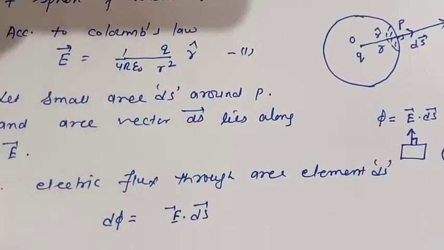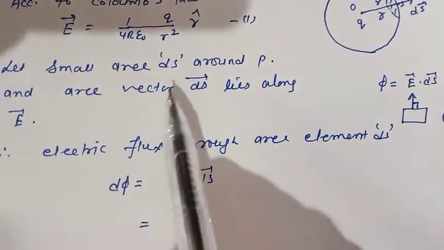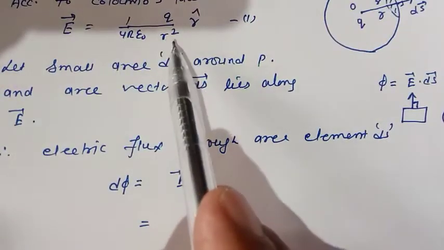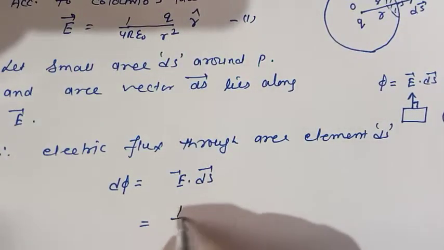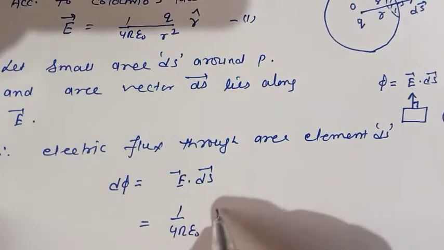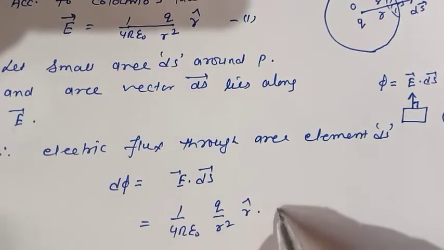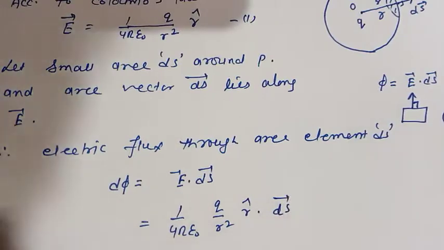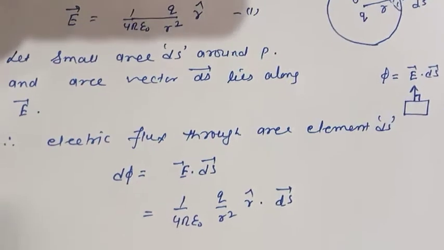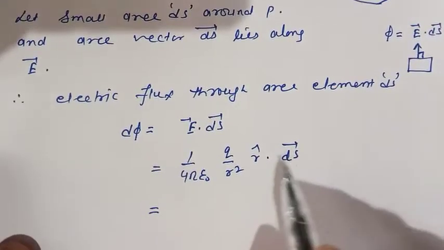Now put the values. E is what we have calculated here, 1 upon 4 pi epsilon 0, q upon r square, unit vector r dot ds. Now solve this dot product.